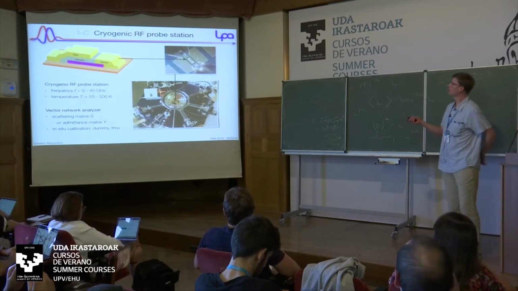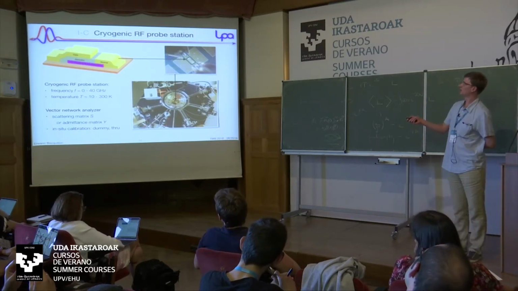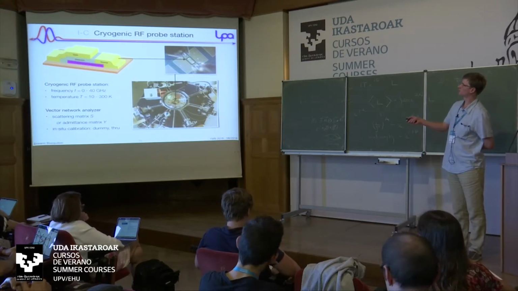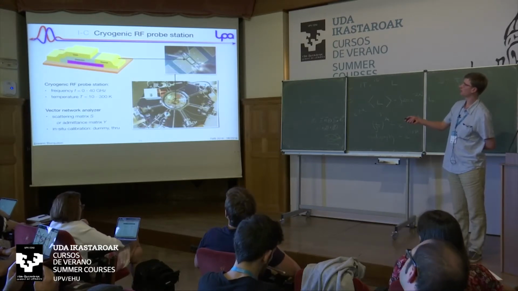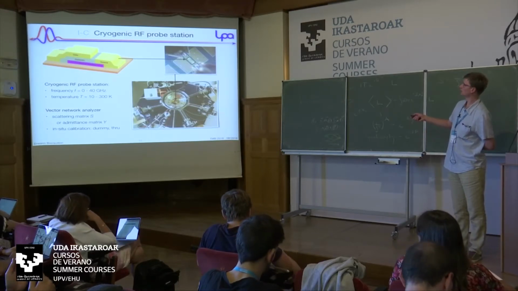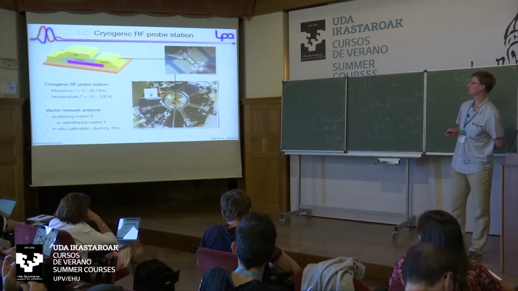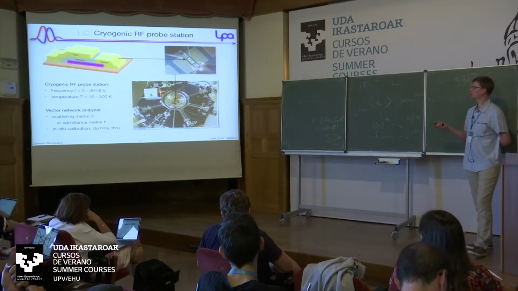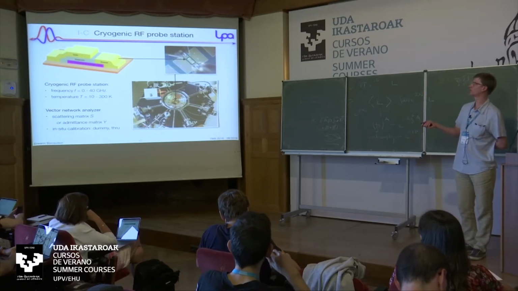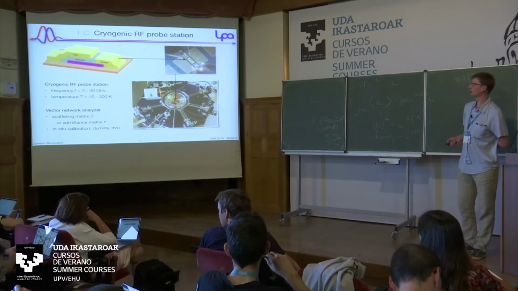Now, we realize these devices lithographically by patterning these types of structure. Then we embed this structure in a waveguide so that we can measure up to very high frequencies. These are waveguides that are designed to guide frequencies up to some tens of gigahertz.